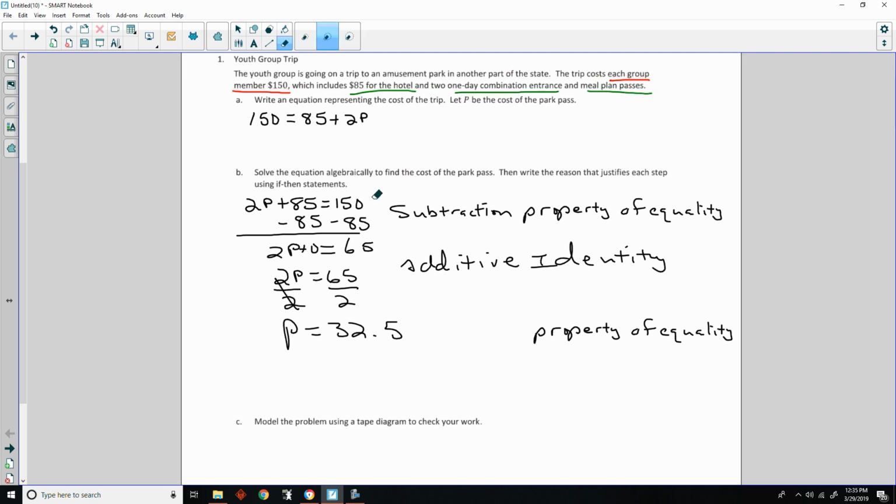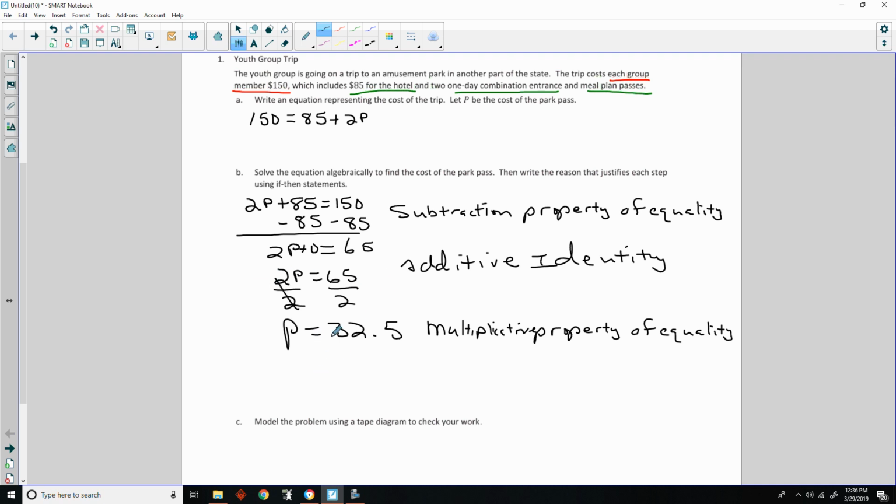This is the division property of equality, or the multiplicative inverse multiplication property of equality. Okay, multiplicative property of equality. I multiplied both sides by 1/2, if you will.